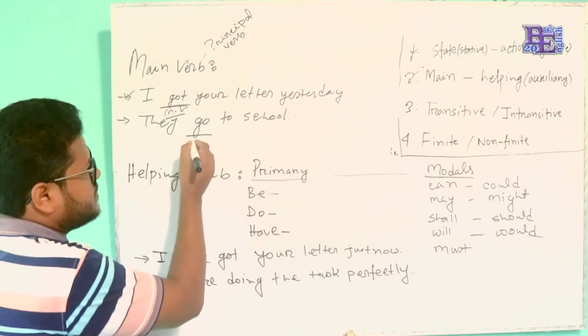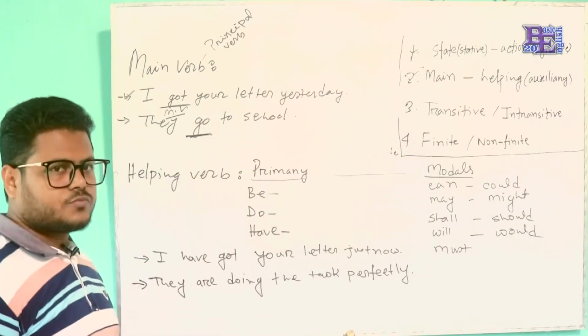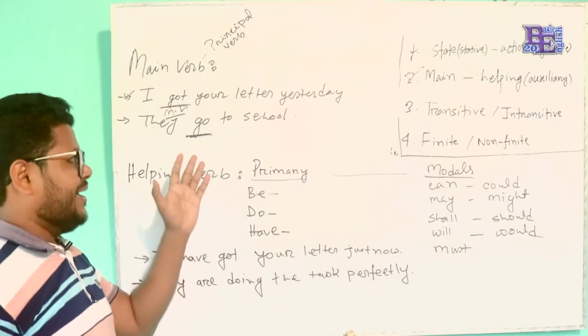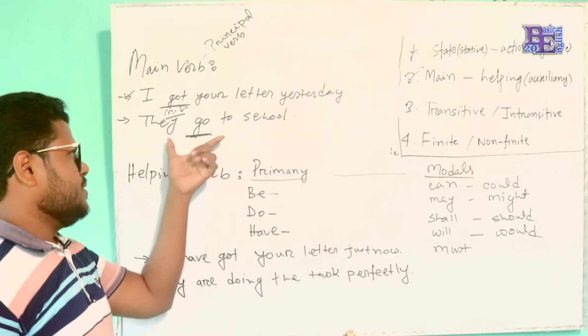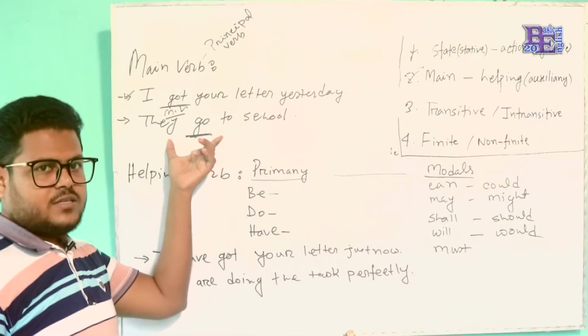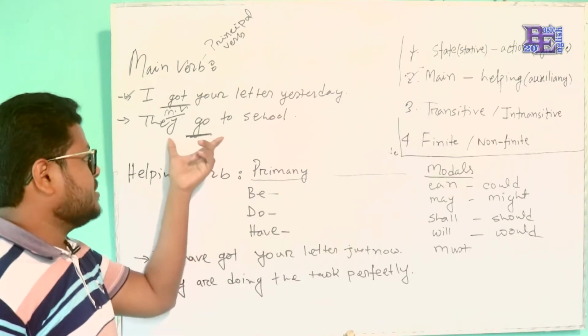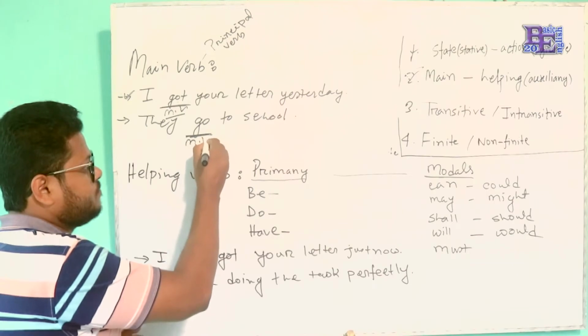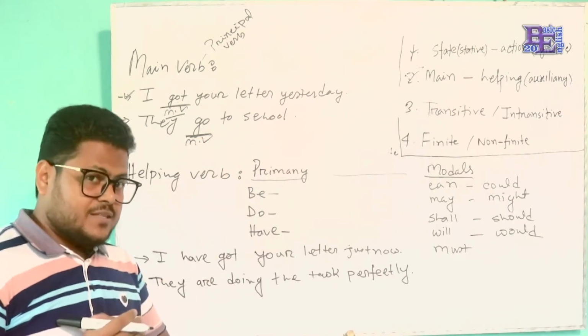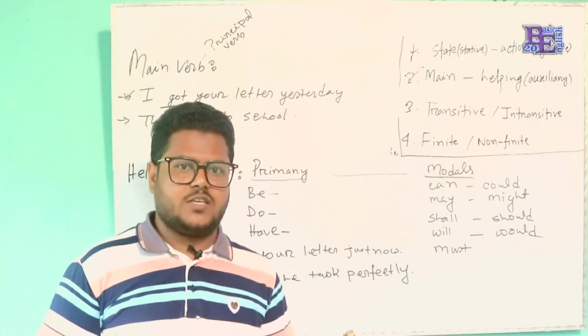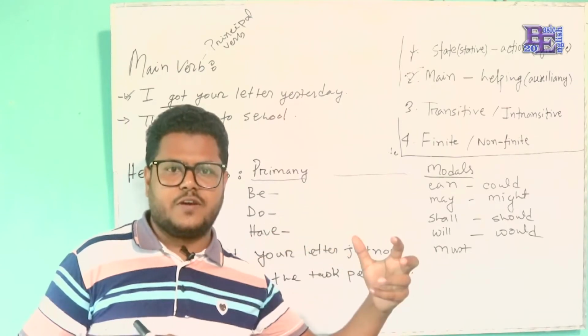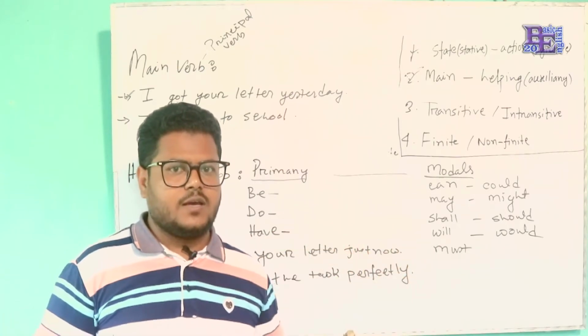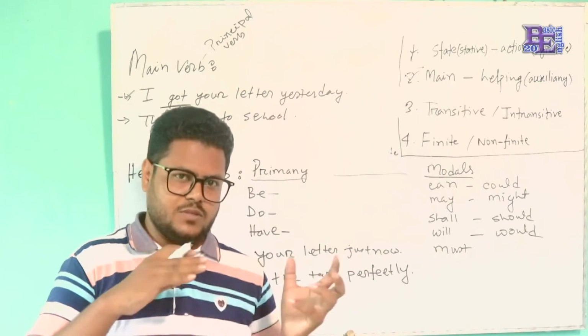Here you will also get the verb go, and there is no other verb to help it express the meaning. That means it has expressed the meaning completely and independently. So this is an example of another main verb. But in the same sentence you will also get the combination of the main verb and helping verb. We will get examples of them later.